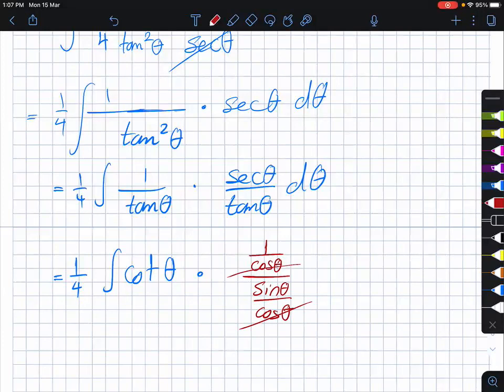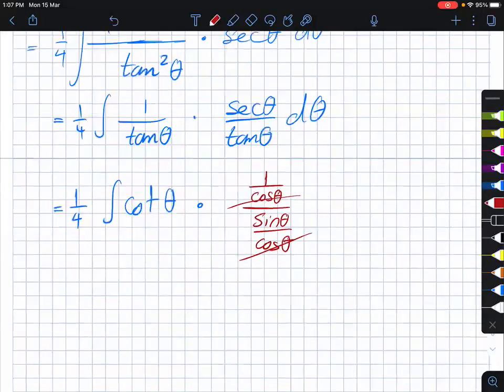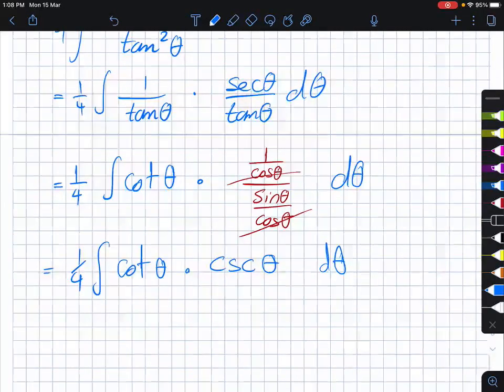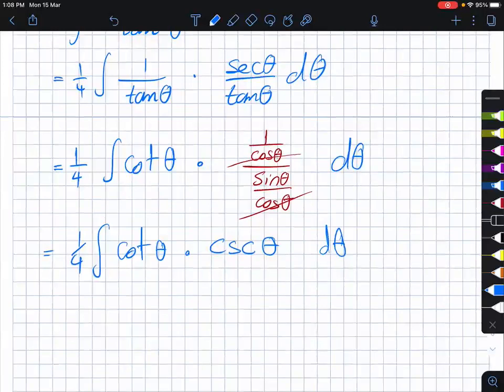Leave 1 over sine here, so we have d theta here. So we have 1 over 4, the cotan theta multiplied by what comes out from here? 1 over sine. The 1 over sine is what? Cosec theta d theta. So cotan cosec, or cosec cotan.